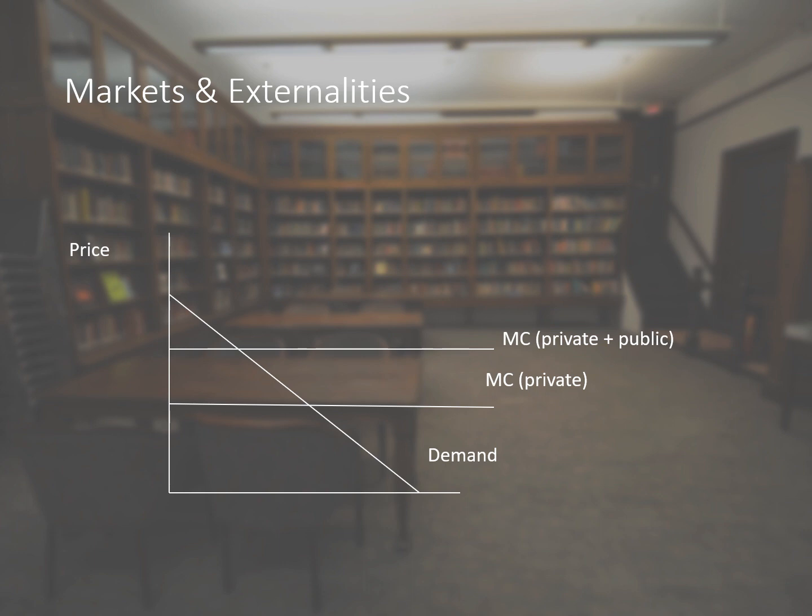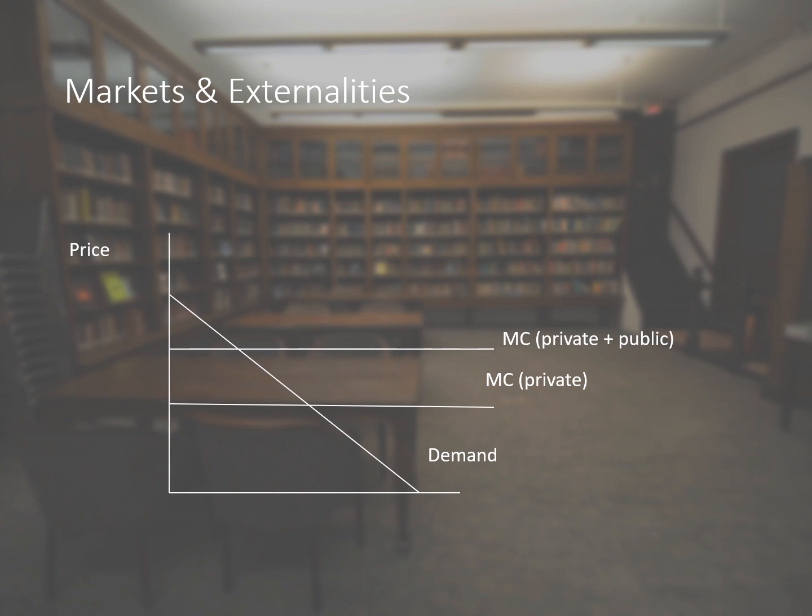So here we have our model. We're almost done. We have a model of the fact that, when it comes to externalities, the costs are not captured in the individual transaction between the buyer and the seller. In this example, we have a private marginal cost, but there's also a public marginal cost.